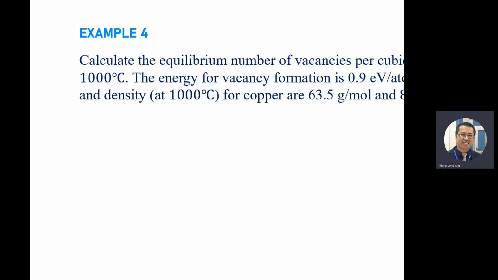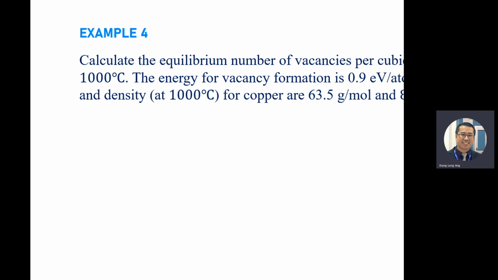The energy for vacancy formation is given as 0.9 eV per atom. The atomic weight is also given here, but in a test or final exam, atomic weight won't be given because you are given a periodic table, so make full use of it.